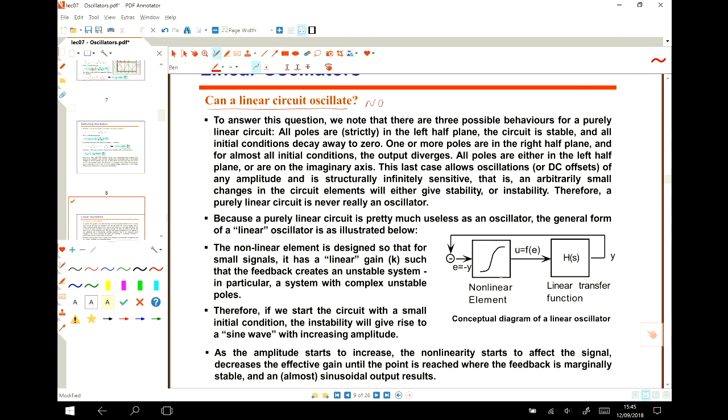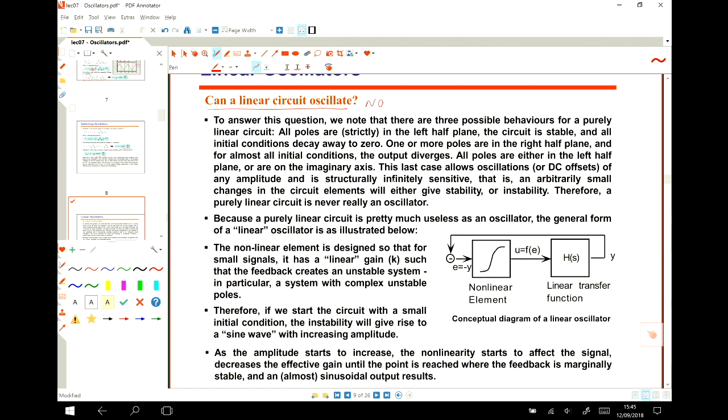For example, a nonlinear element could be a transistor. A transistor has a linear region, and then it can go to a nonlinear region. So we can use, for example, a single transistor to make the system at some times nonlinear, and at those times, we are going to clip the signal and make an oscillator.